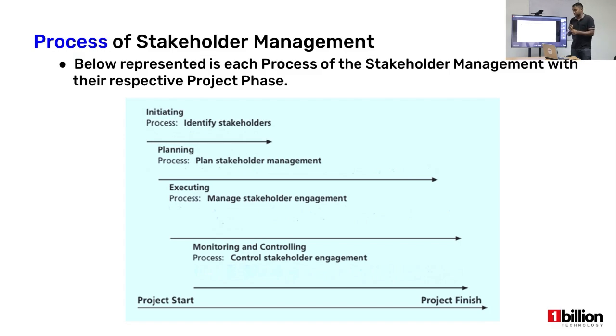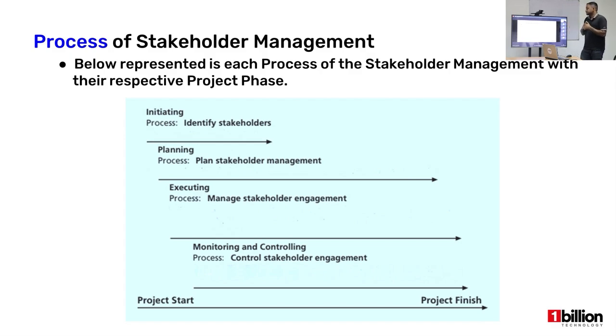Closing phase, of course, is not mentioned here because we're managing stakeholders. Anyway, identifying stakeholders usually starts in the initiation phase of the project, and this process continues. All right. So as shown in this slide, it continues to the very middle. It could even go about 75% of the project life cycle if that is needed.